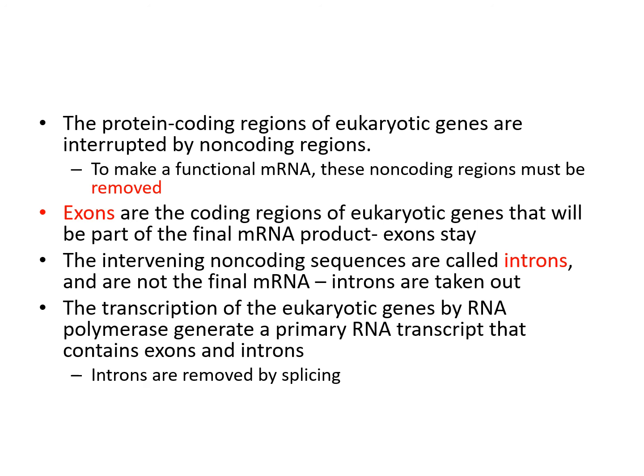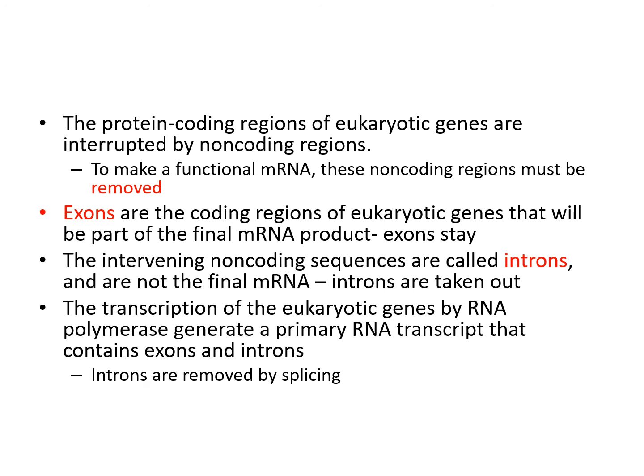Exons are the coding regions of eukaryotic genes that will be part of the final mRNA product. In this case, exons will stay. On the other hand, there are introns, the intervening non-coding sequences. They are not in the final mRNA, so introns must be taken out from the sequence.